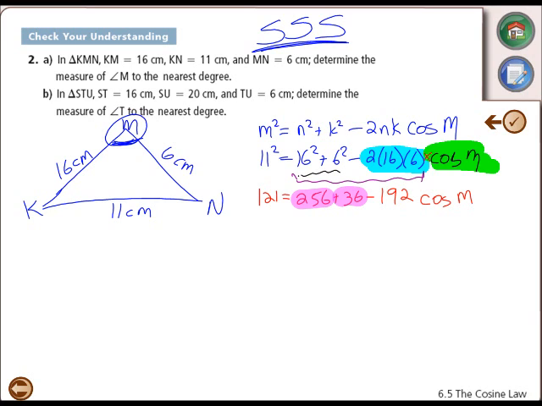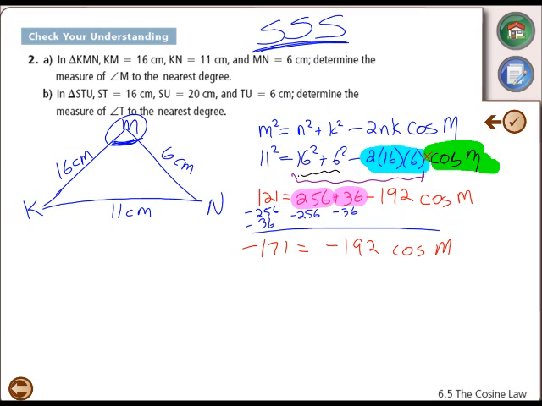Or I could add them together if I wanted, but I'm just going to subtract them over. So I'm going to subtract 256, subtract 36. And that's going to give me my next line. 121 minus 256 minus 36 gives us negative 171 equals negative 192 cos of M.